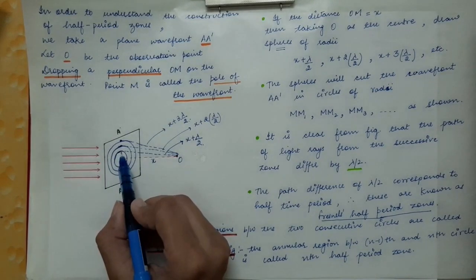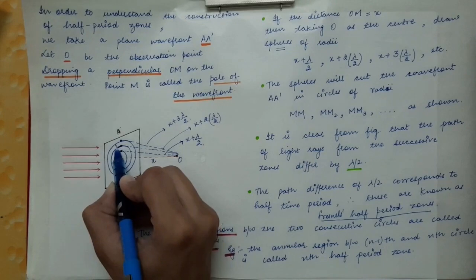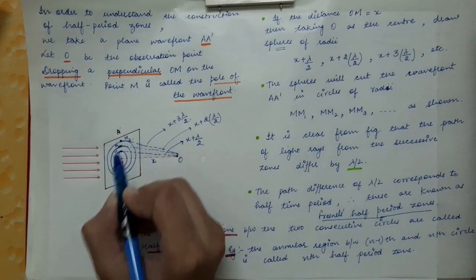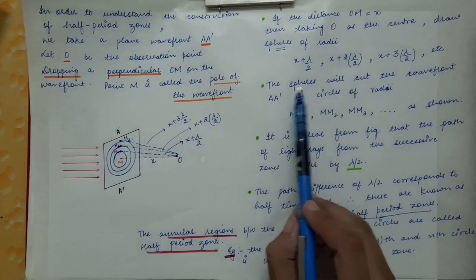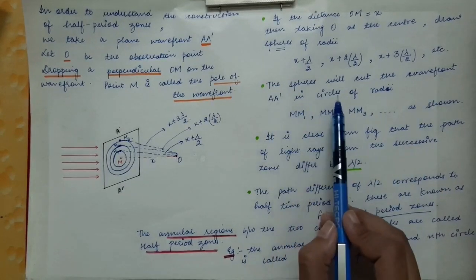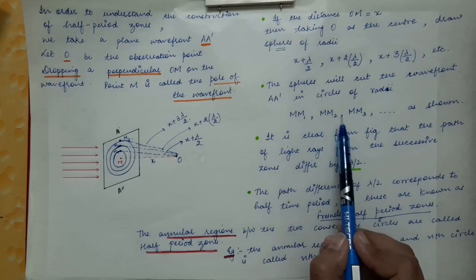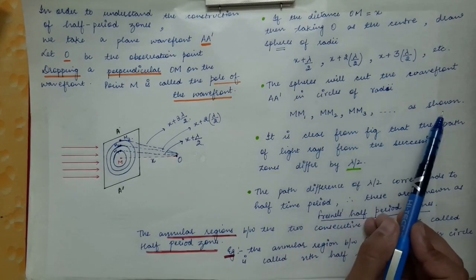Let's say this point is m1, the second point is m2, and the third point is m3, and so on. The spheres, which we are drawing keeping O as the center, will cut the wavefront AA prime in circles of radii mm1, mm2, mm3, and so on.